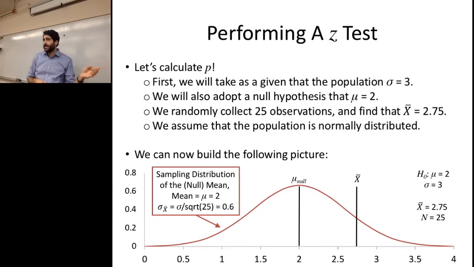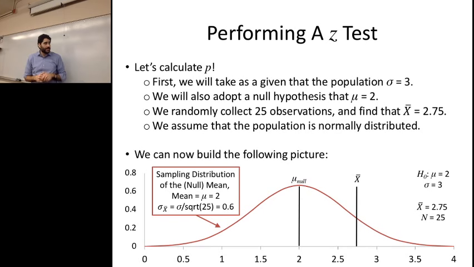So if we take 25 values from our null distribution with a mean of 2 and standard deviation of 3, and we take the average of those 25 numbers, that average should be normally distributed around a mean of 2 with a standard deviation of 3 divided by the square root of 25, which is 0.6.